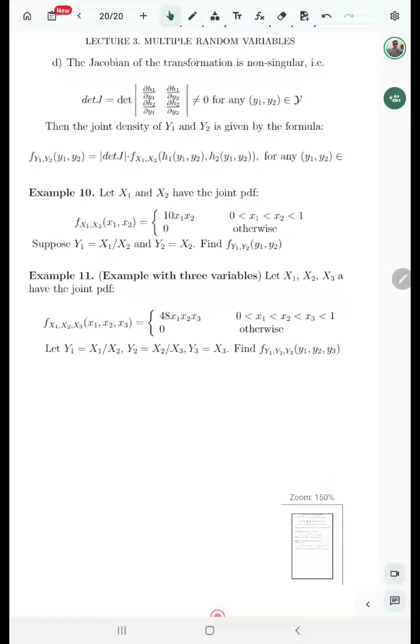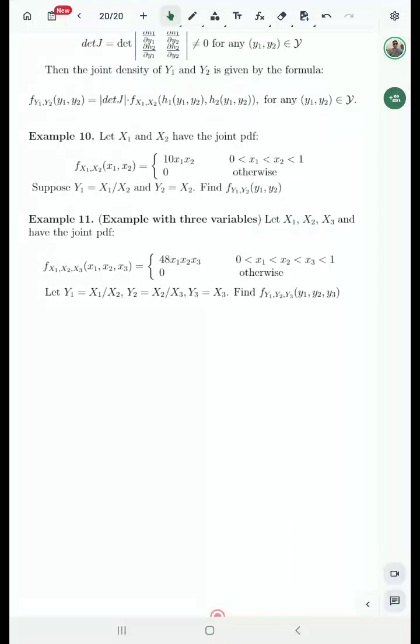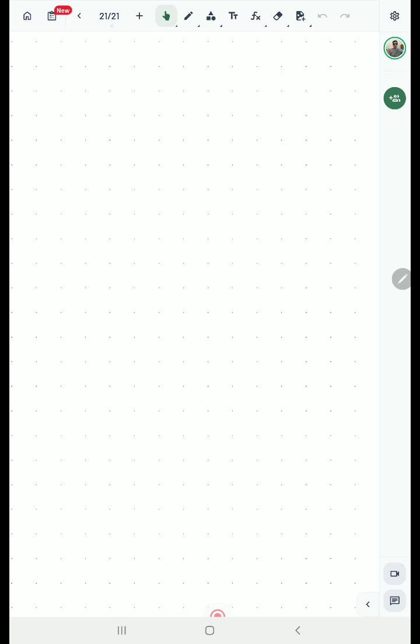So that is the only difference. Now let's look at example 10. Let me copy that again. This is example 10.